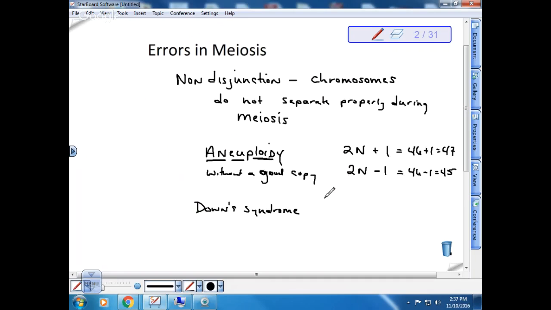So it's actually plus 21. So it's an extra copy of the 21st chromosome, okay? So if we look at a karyotype, which is a picture of the chromosomes, so this is your homework.